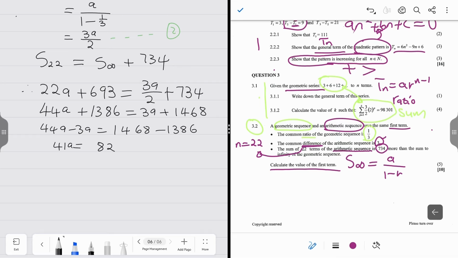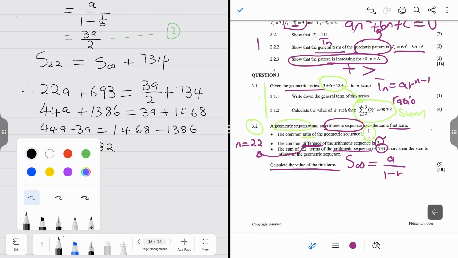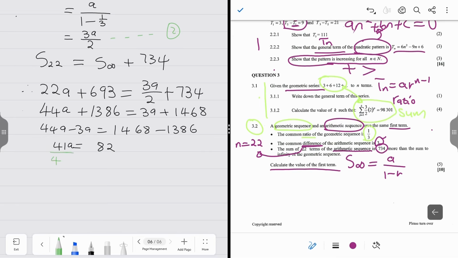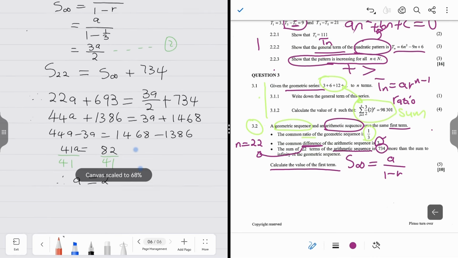Then I can divide both sides by the same number, which is 41. Since I want to remain with a, divide by 41, and therefore my a value will be equals to 2. So that means that the first value is going to be a 2. So T1 is actually equals to 2.